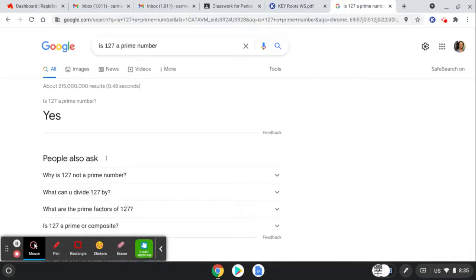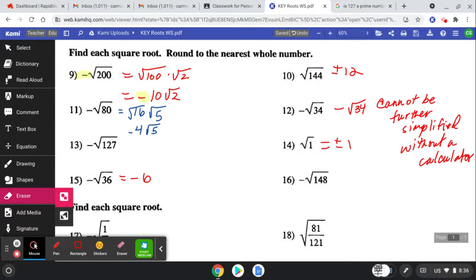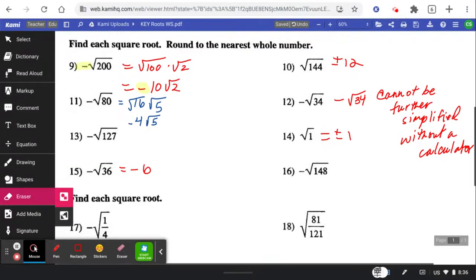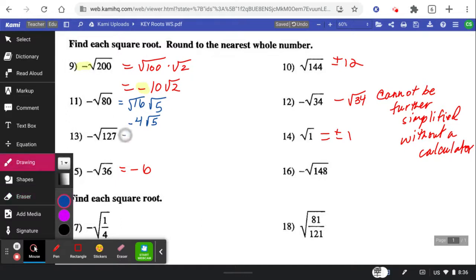Oh, who knew? Okay, so 127 cannot be factored and broken down into anything else, just like the 34. So we leave it as negative root 127 as is.